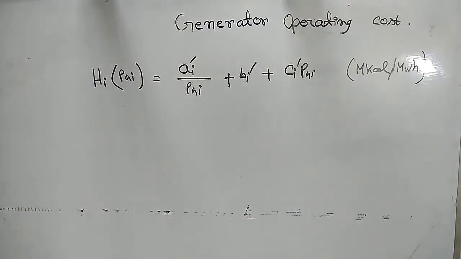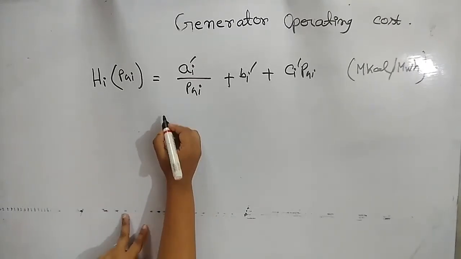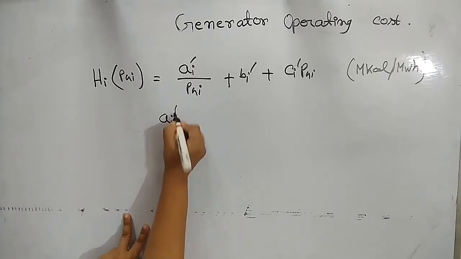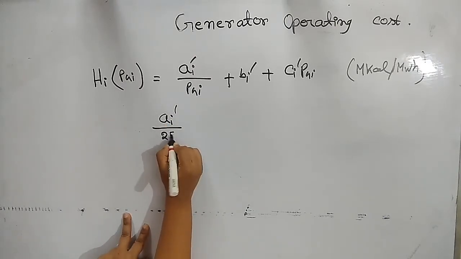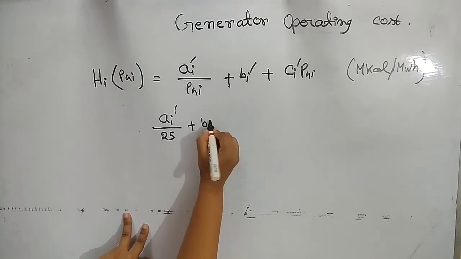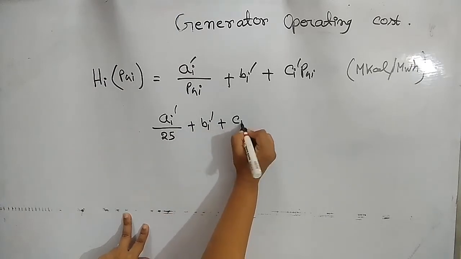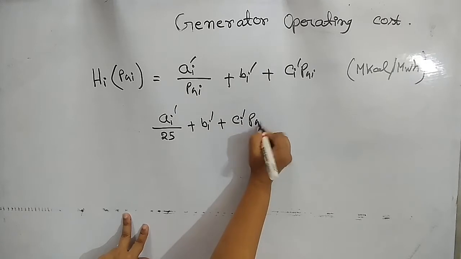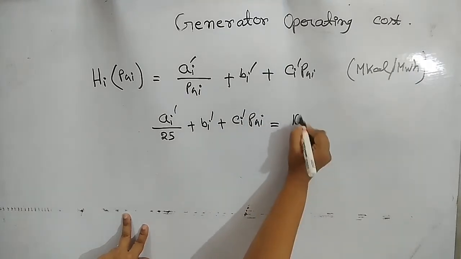Now it is given that when the generator is 25% of rating, the heat rate is 10 mega kilocalorie per megawatt hour. So we can write AI dash by 25 plus BI dash plus CI dash into PGI equals to 10.